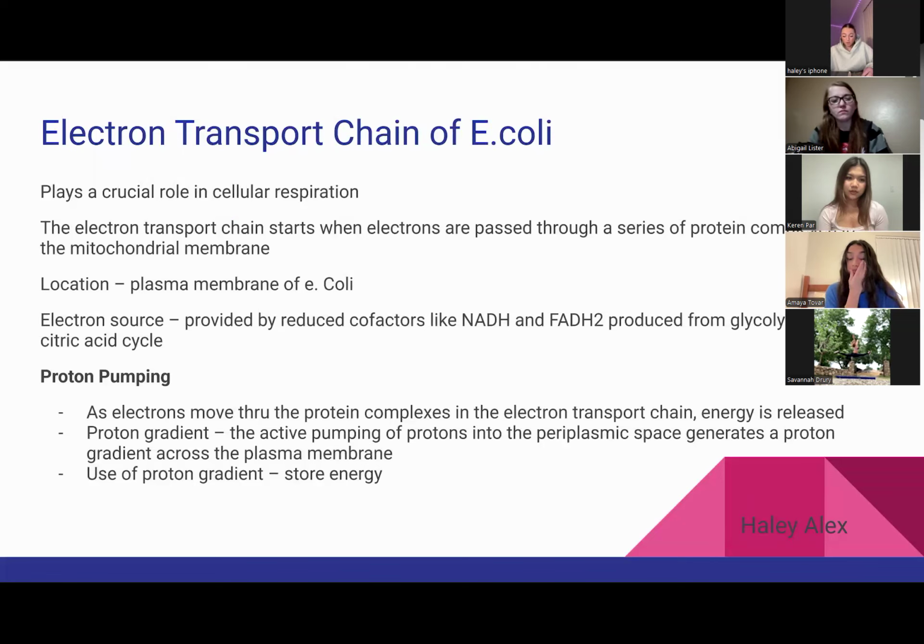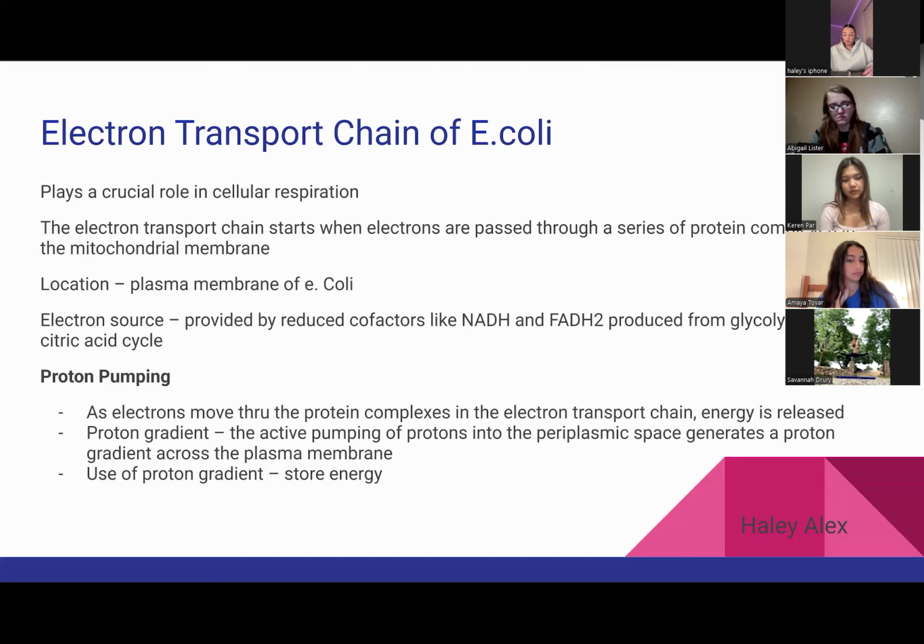For the protein pumping, as electrons move through the protein complexes in the electron transport chain, energy is released. This energy is then used by specific protein complexes to pump protons from the cytoplasm to the periplasmic space, which is the area between the plasma membrane and the outer membrane.